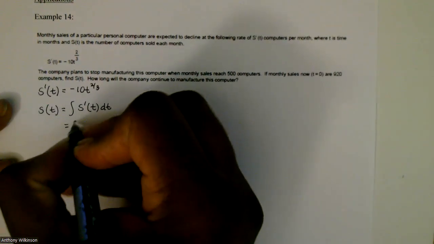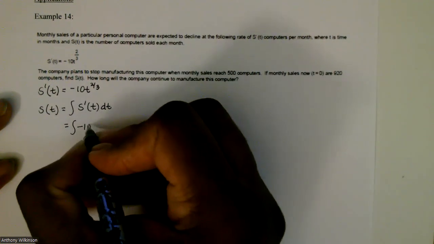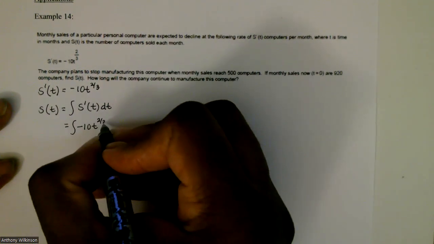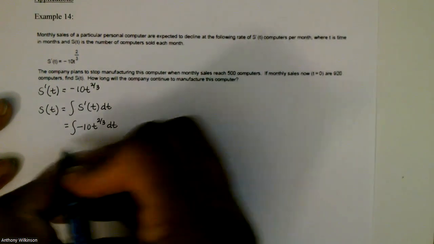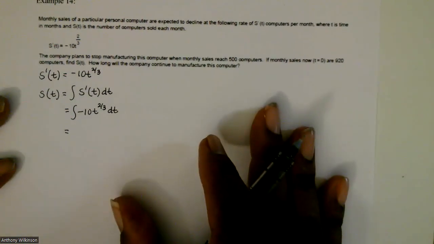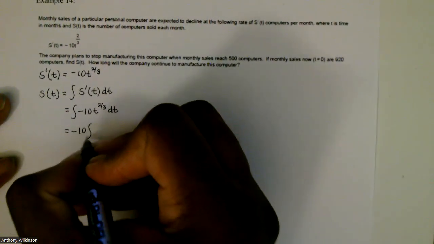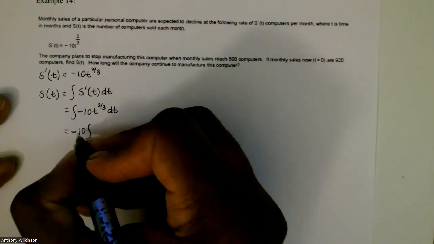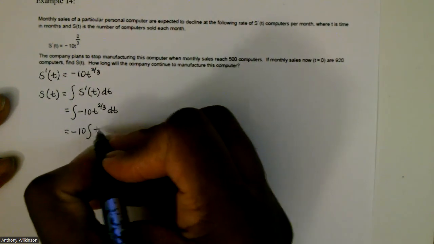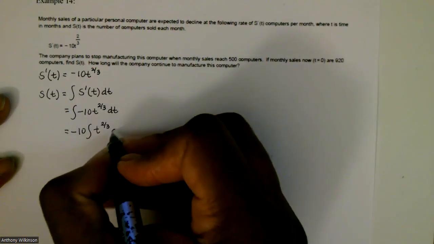And in this case, we take the integral of S prime of t, which is, of course, -10t to the 2/3 dt. And since -10 is a constant, I can pull the -10 out in front of the integral sign and just say -10 times the integral of t to the 2/3 dt.